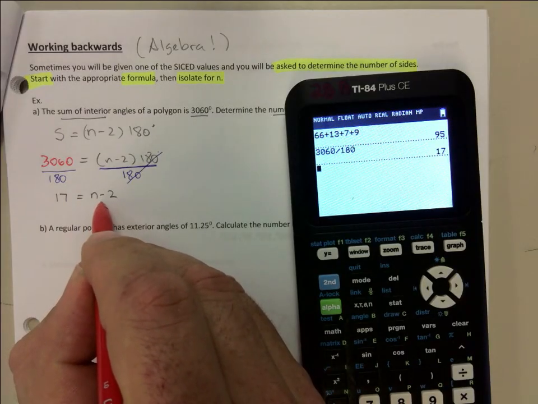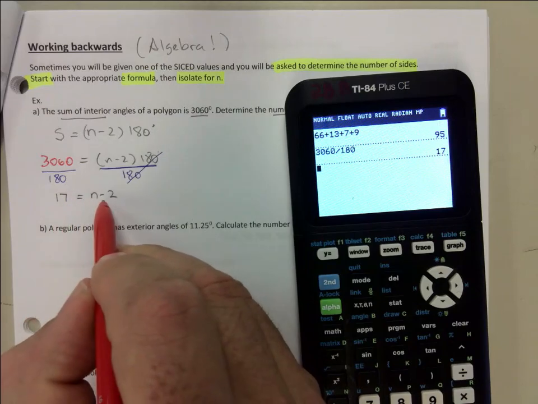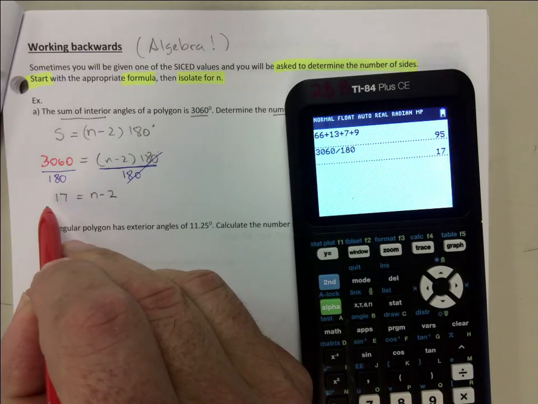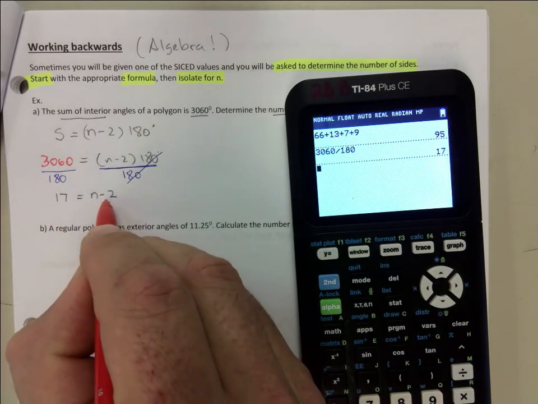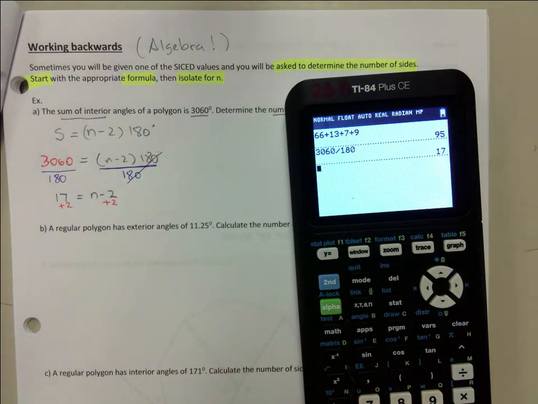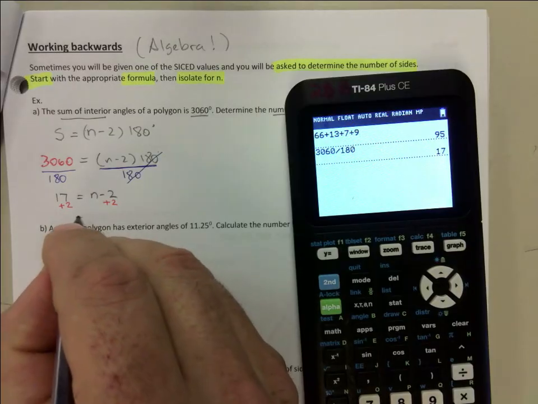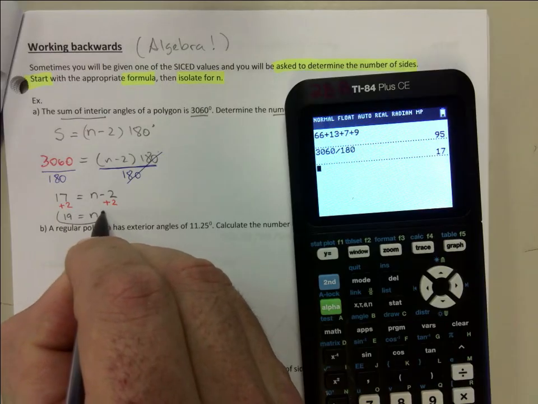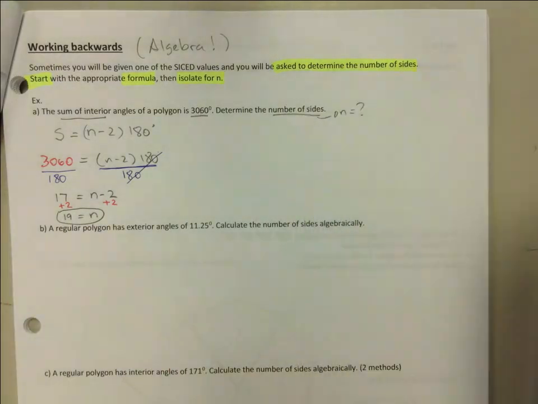We're going to add 2 to both sides, or bring the negative 2 over to the left side adding. It doesn't matter. If your teacher taught you to do the same thing to both sides, absolutely, that's fine. So n is equal to 19. So now you know that it has 19 sides. Okay.